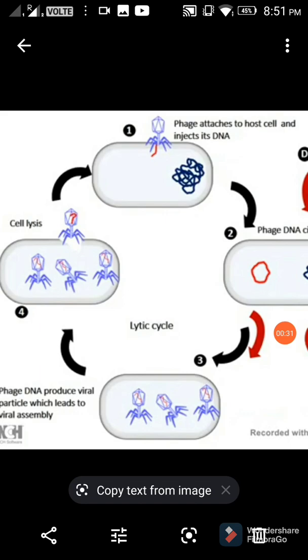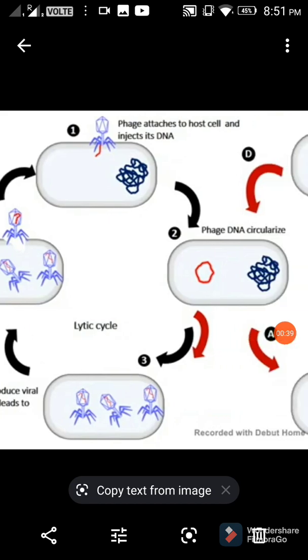You can see that one in red color. It is the DNA of the virus. As you can see, when it enters into the bacterial cell, the phage DNA circularizes at the cos site.